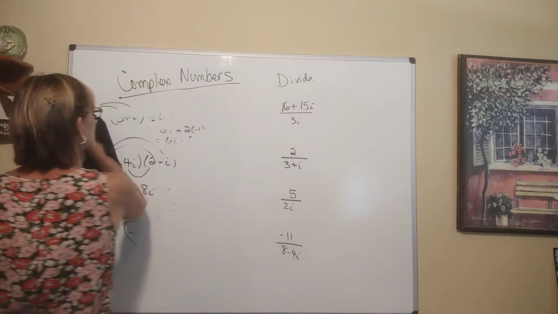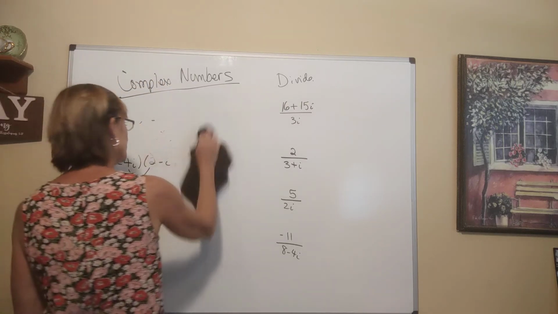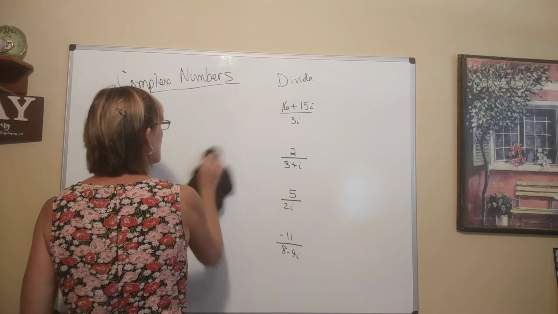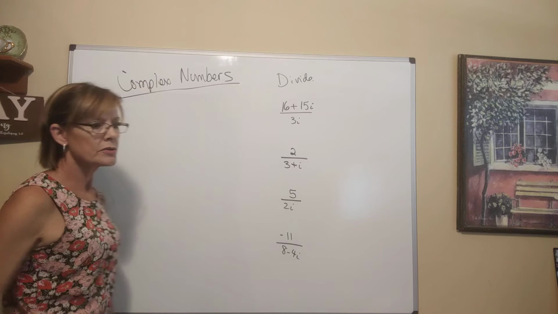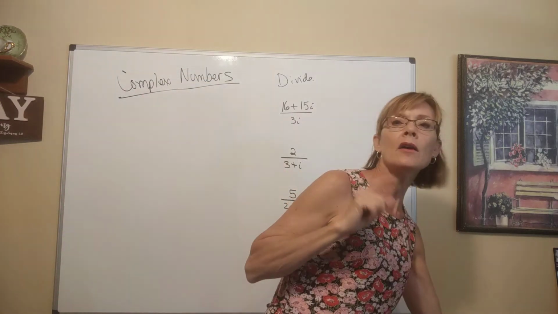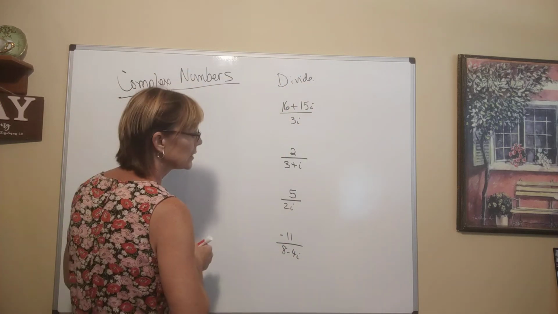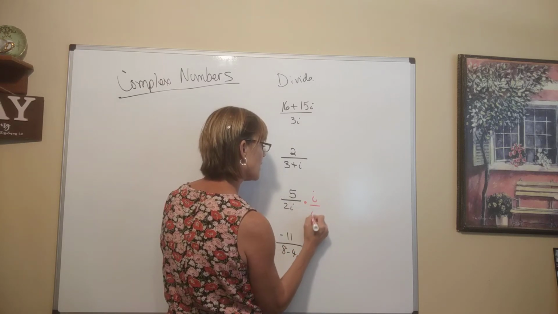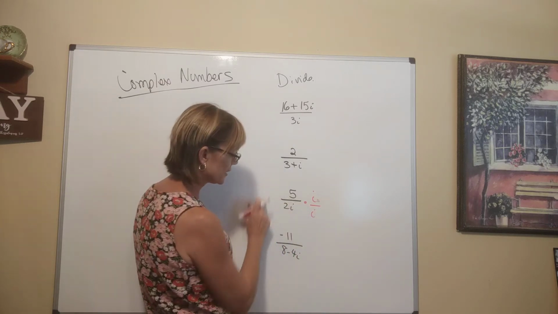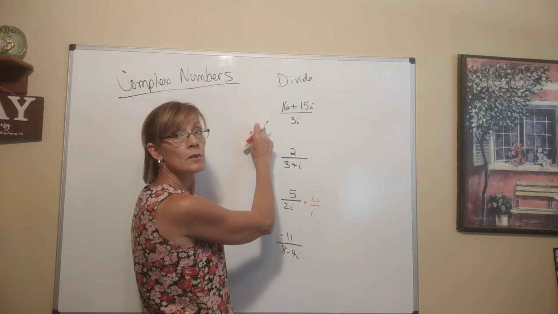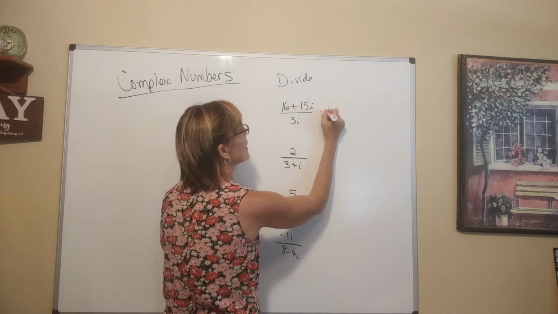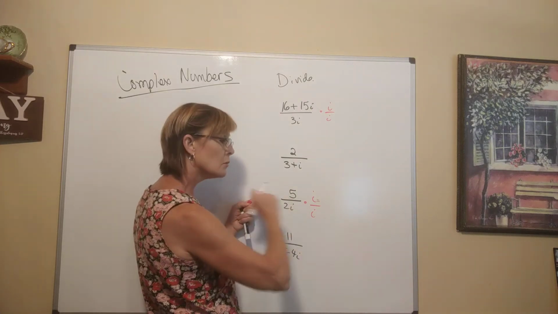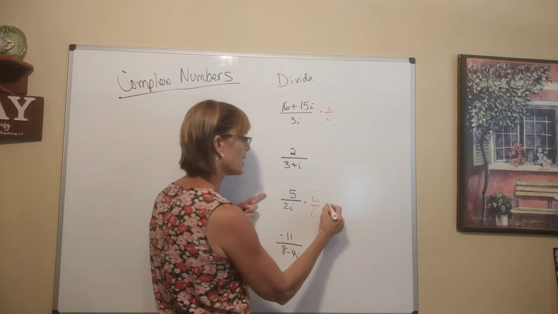This will always fix the situation. If you take that and you multiply by i over i, which is called a well-chosen one, it fixes that. It's also legal because we're multiplying by the number 1. If we choose to multiply this by i over i, that will fix this situation, and also this one. So let's start right here with this one. Multiplying fractions, multiply the numerators, multiply the denominators.